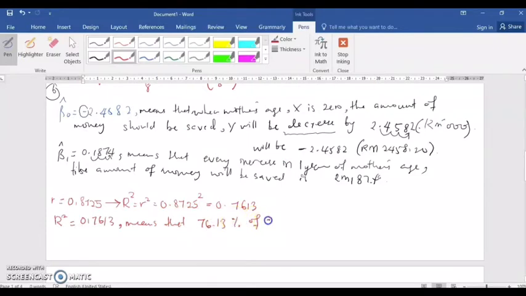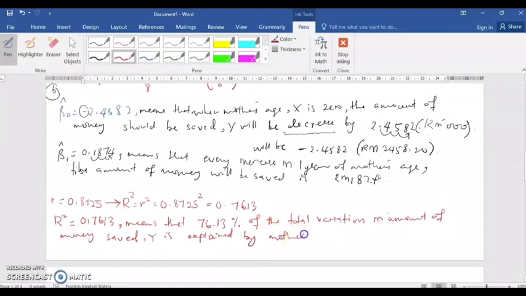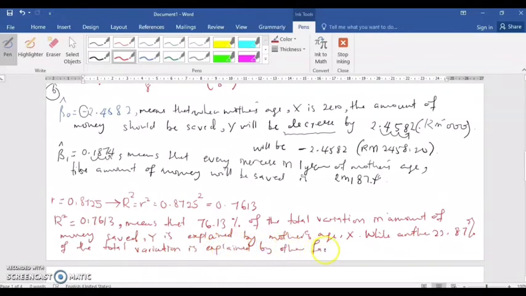76.13%. As usual, the total variation in Y, which is our amount of money saved, which is Y, is explained by mother's age, which is X, while the remaining 23.87% of the total variation is explained by other factors.